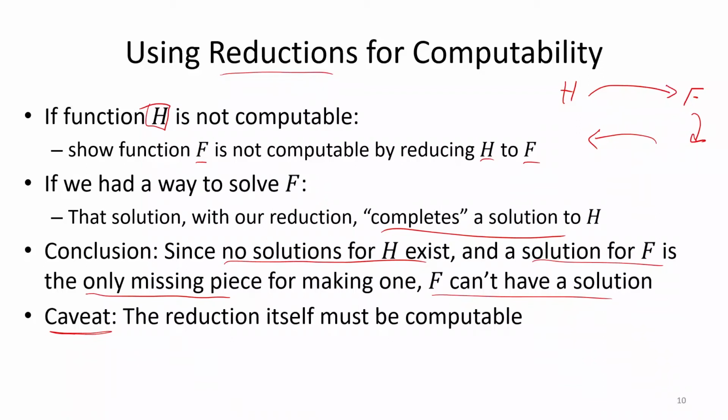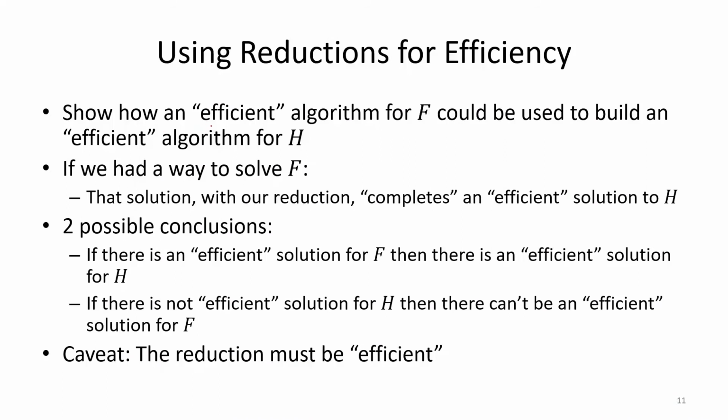These other two pieces had to be totally computable for that to be the only missing piece. So our caveat for making this reduction happen is that the reduction itself, meaning these two parts, had to have only computable steps. So when we're doing these efficiency reductions, we're showing how we could use an efficient algorithm for some function f in order to build an efficient algorithm for h, which means that if I had some way of solving this problem f, then that was our last step to complete our solution to h.